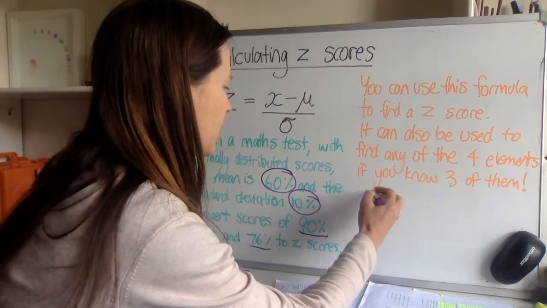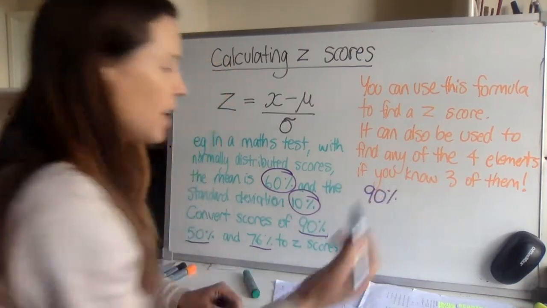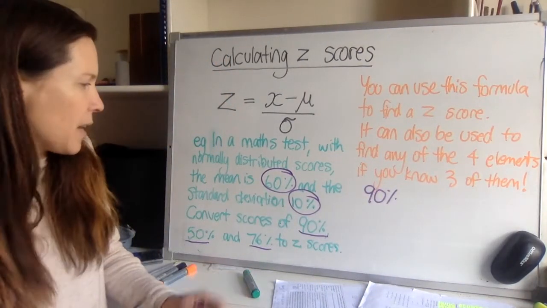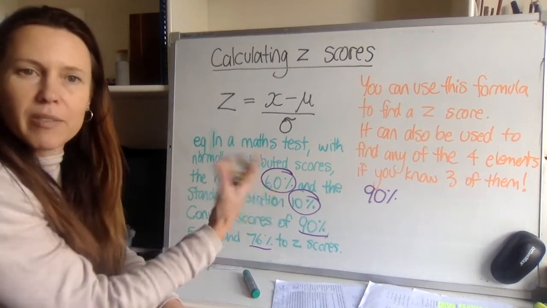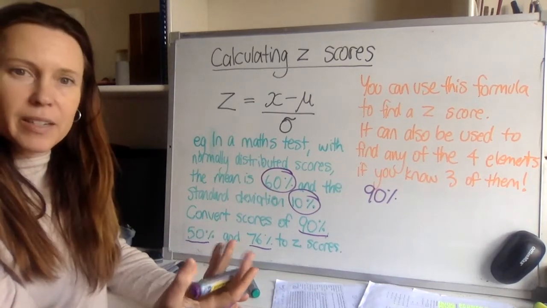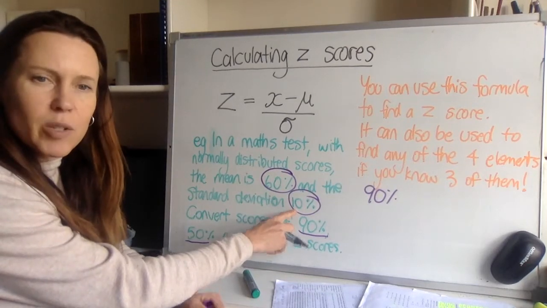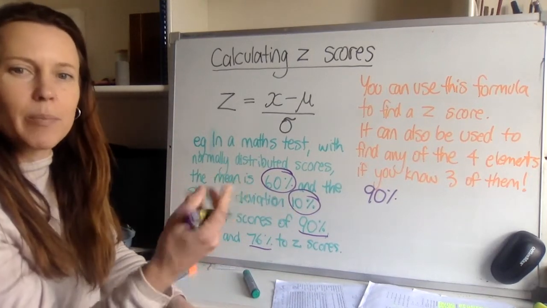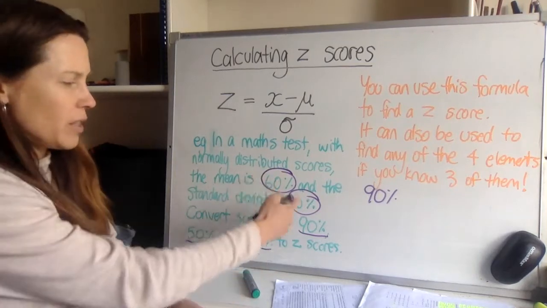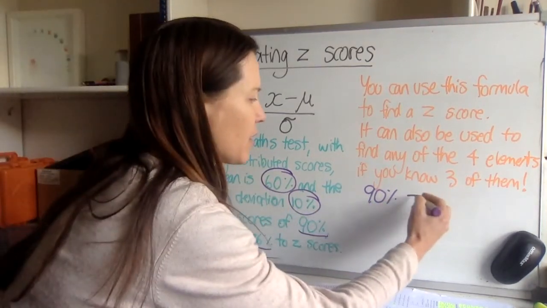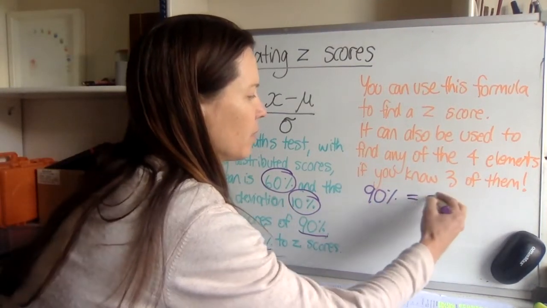So I literally just think of it as this. 90%, how far above or below the mean is that? Well, it's 30% above, isn't it? And how many standard deviations would 30 be? Well, 30 is 3 lots of 10. So it's actually 3 standard deviations above the mean. So I can actually just look at this and in my head say, that's a Z score of 3.